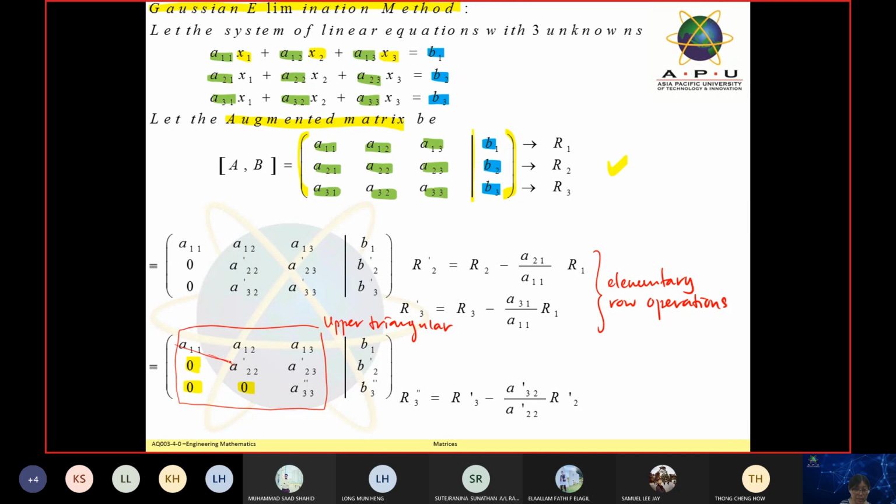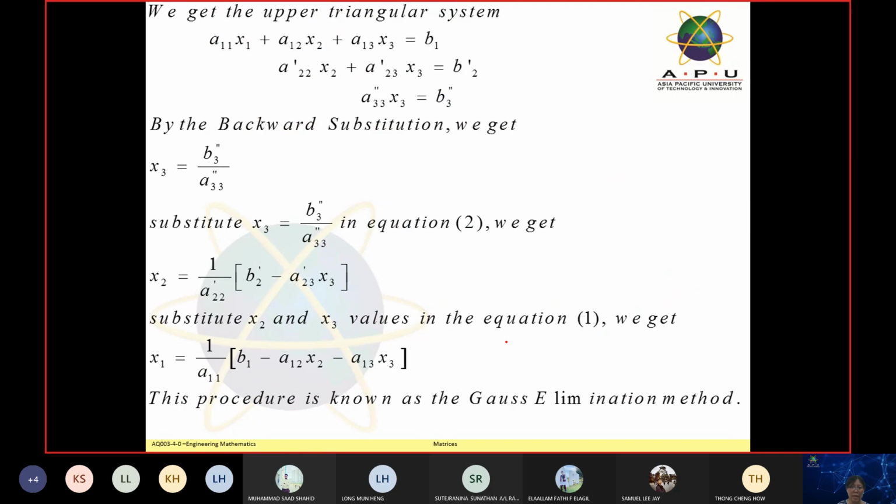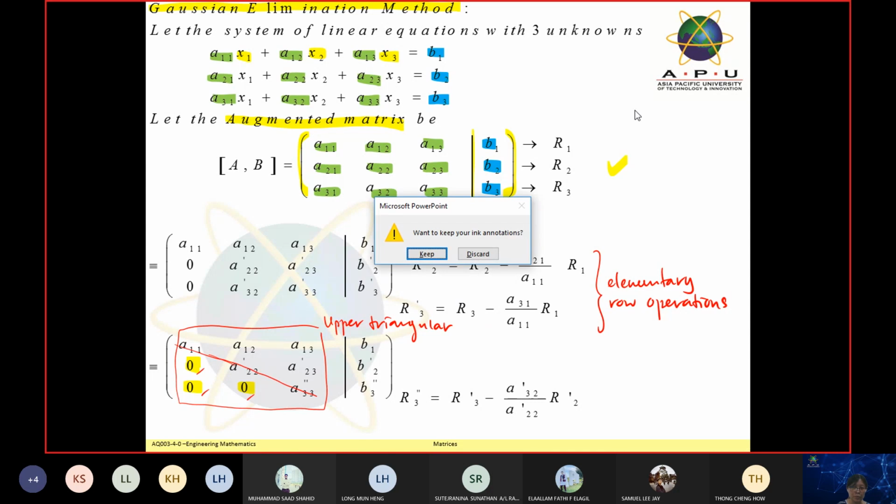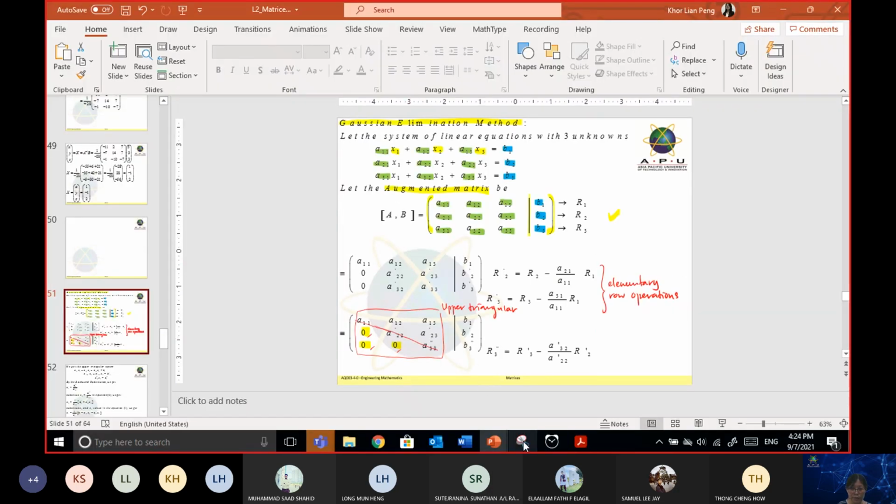Diagonal entry is this row. So below there are 3 zeros. When we have 3 zeros here, then we can proceed to solve the simultaneous equations.